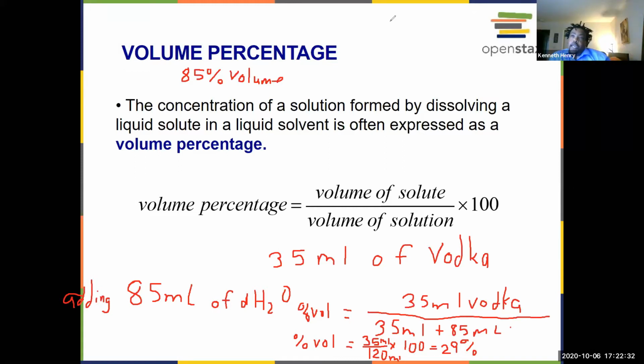But Morgan and Natalie came over, and they want to start getting cheap with their vodka as well. So they decided, I'm going to follow Dr. Henry's lead and try to save a little bit of money.